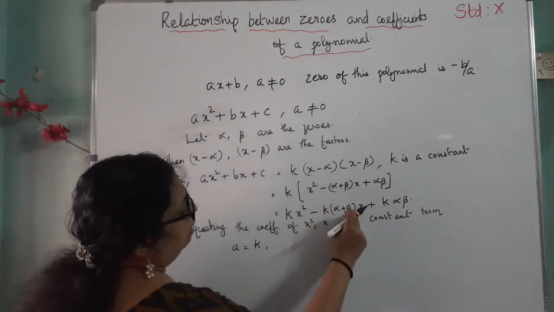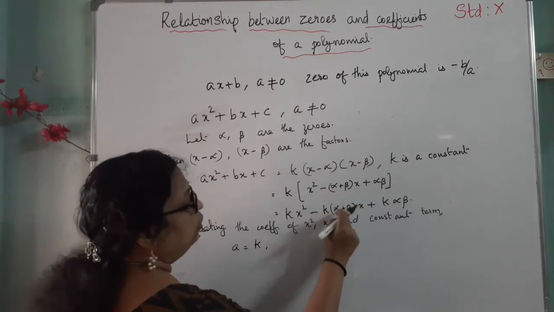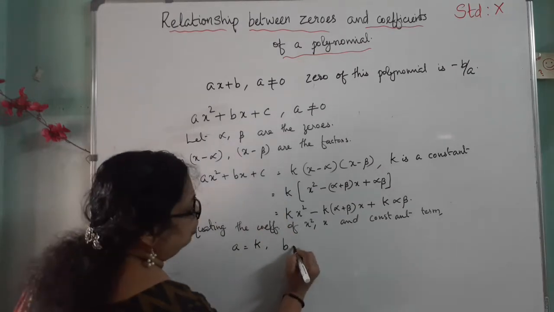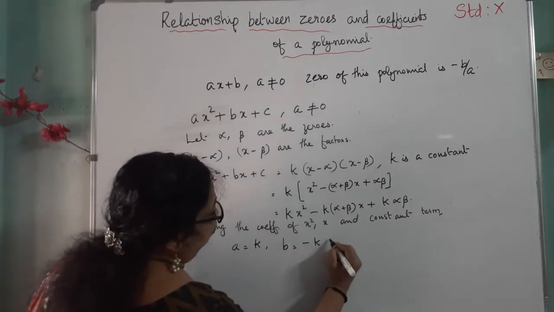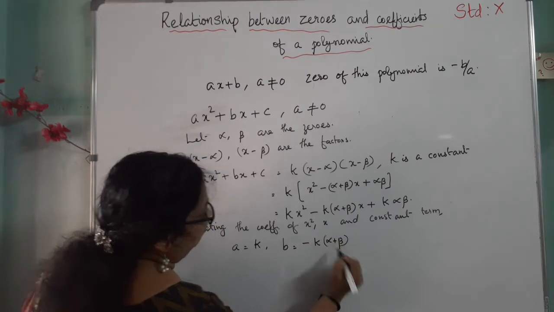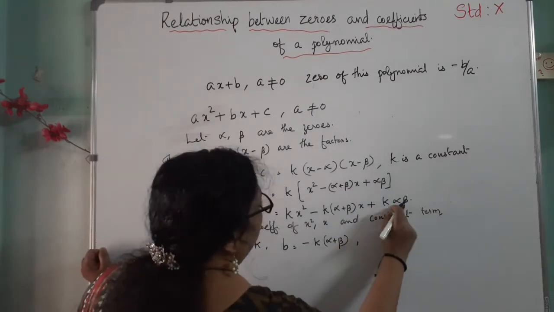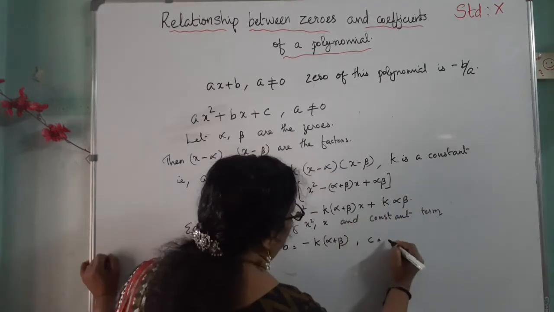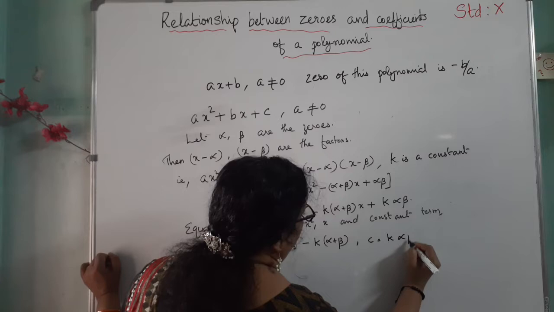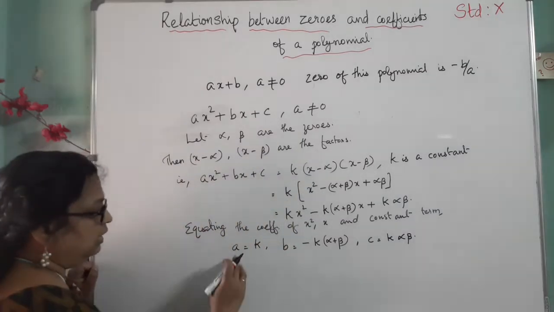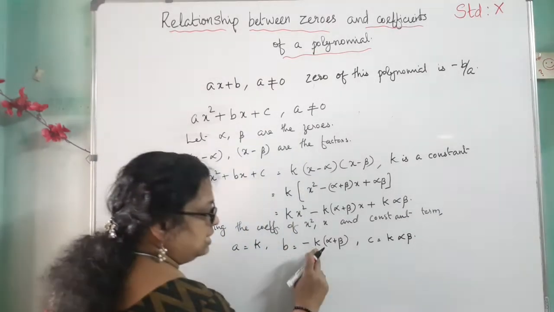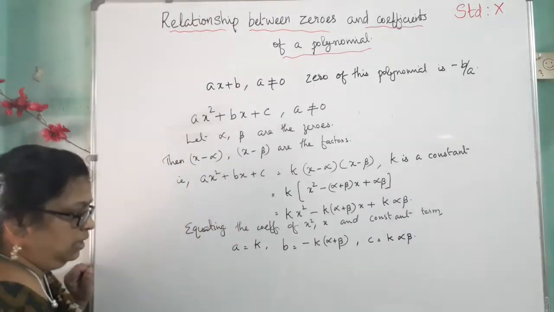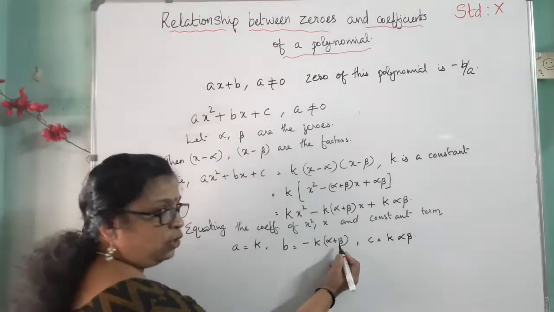Here the x coefficient is b, so b equal to minus k into alpha plus beta. And the constant term c equal to k into alpha beta. Then a equal to k, b equal to minus k into alpha plus beta, c equal to k into alpha beta.